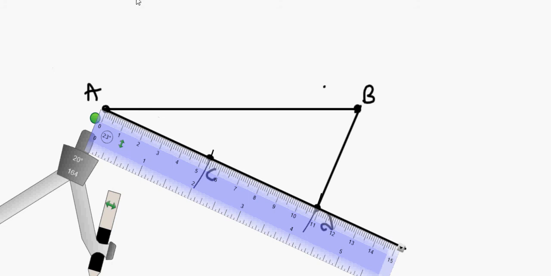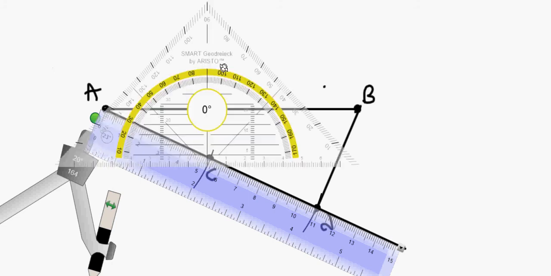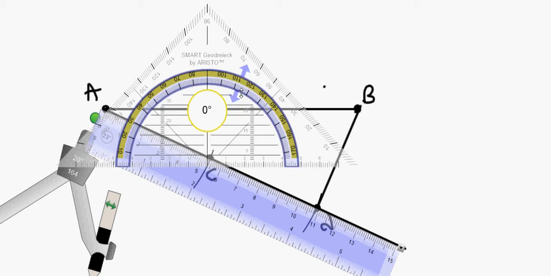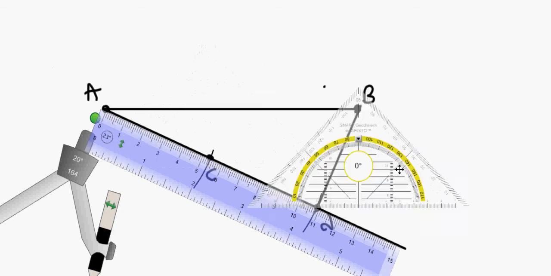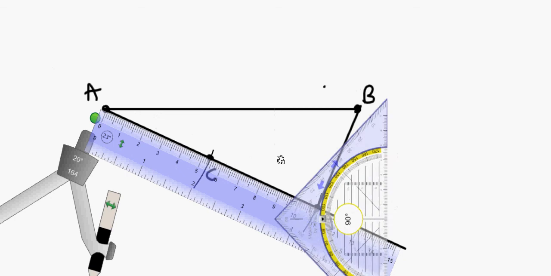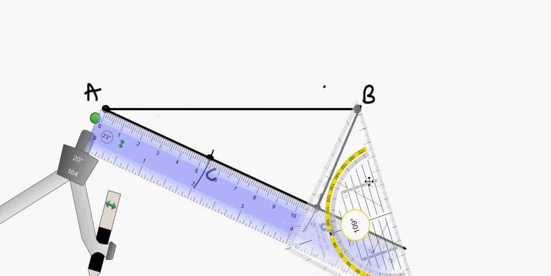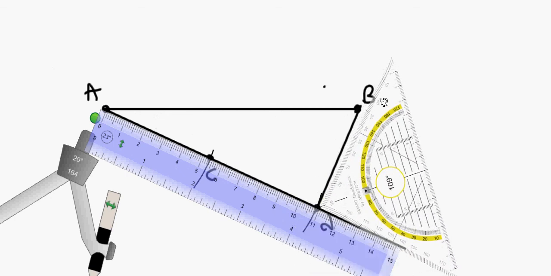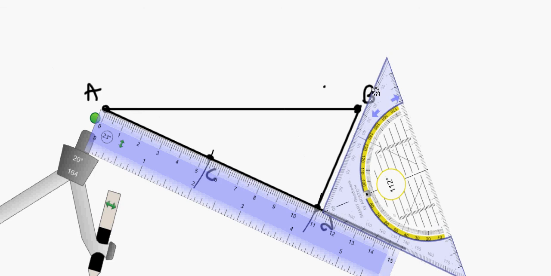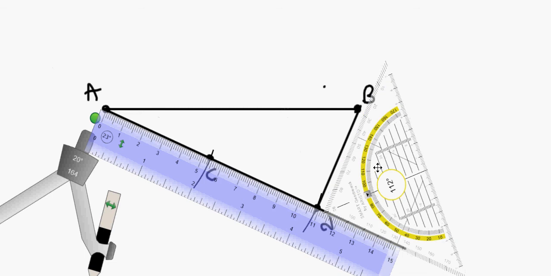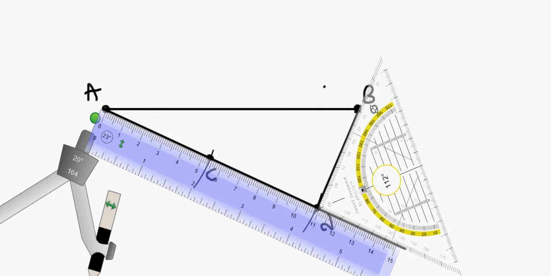Now we can get our set square. I'm just going to make the set square a bit smaller. We can orientate the set square so that it's perpendicular to the ruler I just had, so we can see that it matches the line exactly.